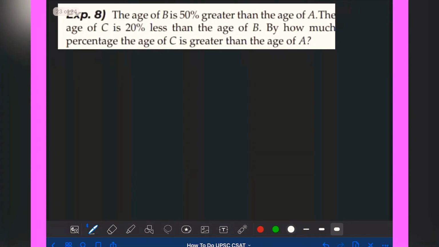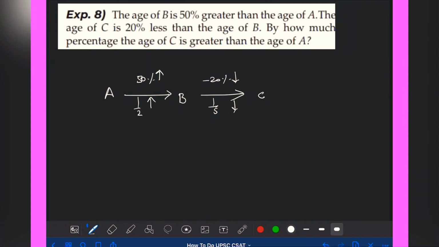The age of B is 50% greater than the age of A. The age of C is 20% less than the age of B. By how much percentage is the age of C greater than the age of A? So we have to find this. 50% increase means 1 by 2 increase, and then there is a decrease of 20%. 20% means 1 by 5, right?